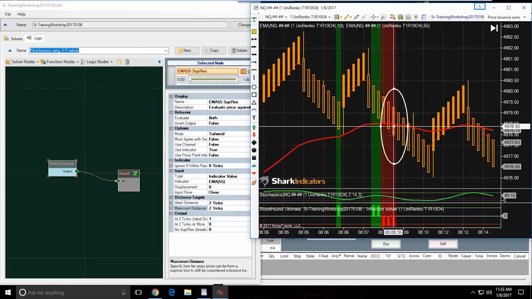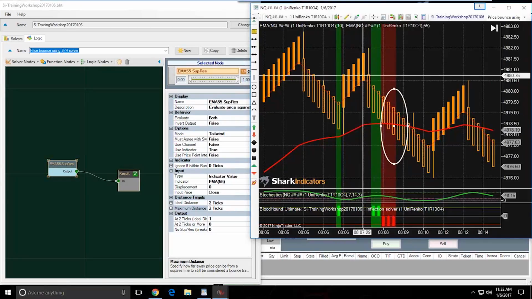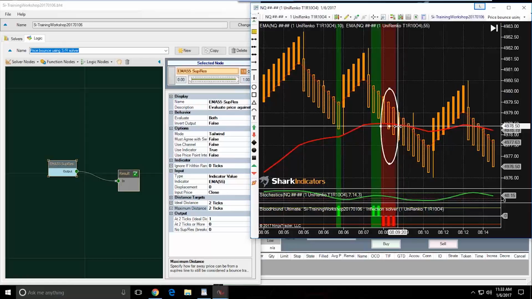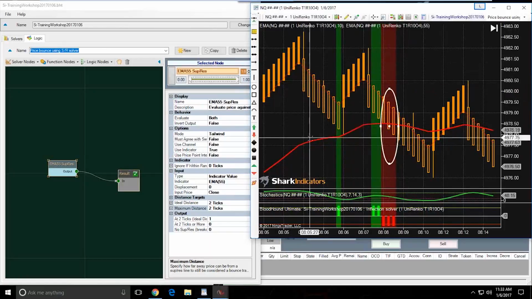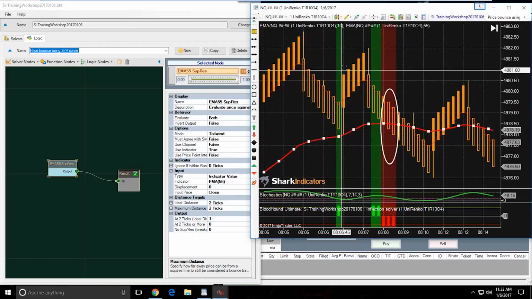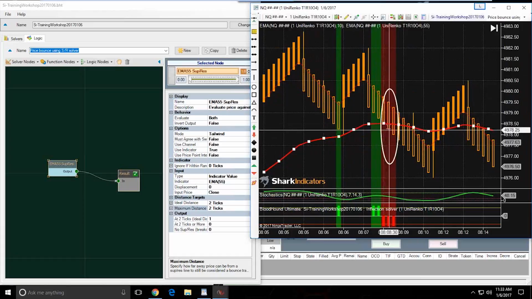So even though price might have broken through here, for bounce traders, this would still be considered a setup for a possible long bounce, because price has been above our EMA for so long that even though price might have broken through a couple of ticks, it still would be considered for a long bounce here.